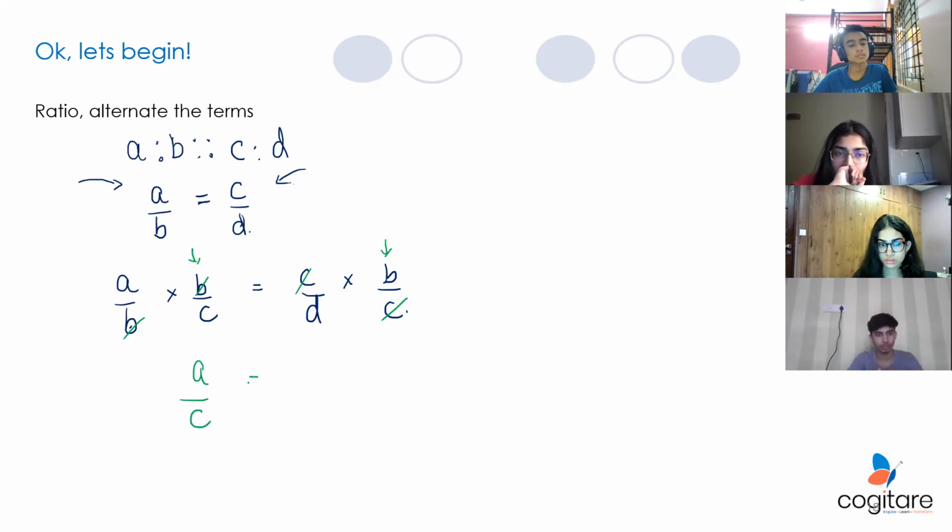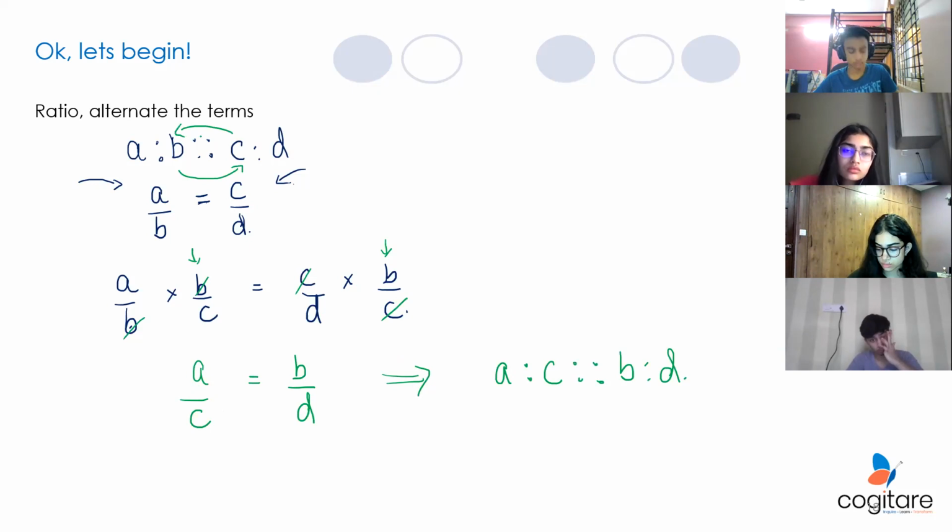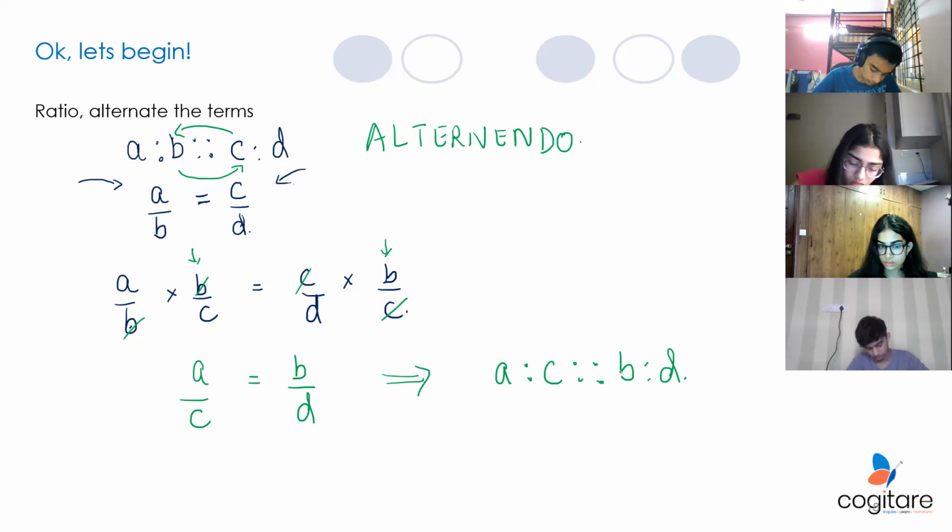A by C becomes equal to B by D, which in the ratio form is A is to C is as B is to D. I just alternated these two terms. That's why this is called alternando. You have alternated the terms.